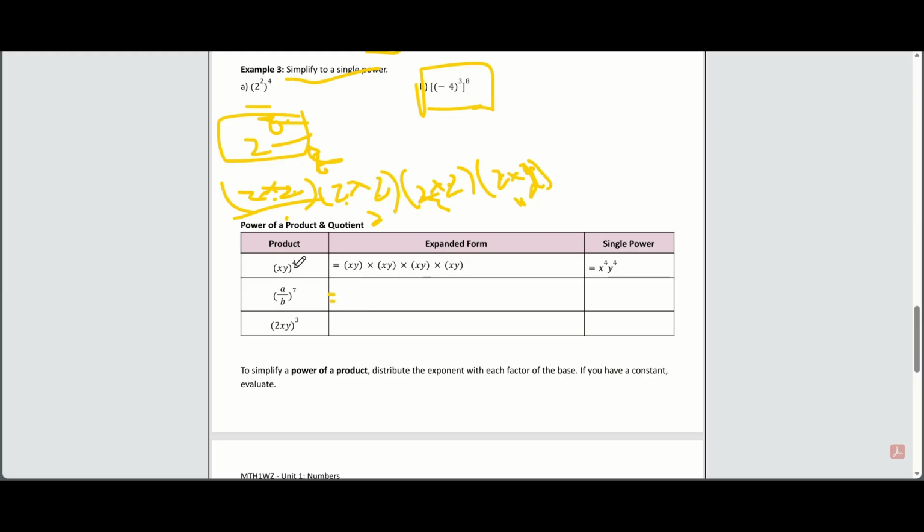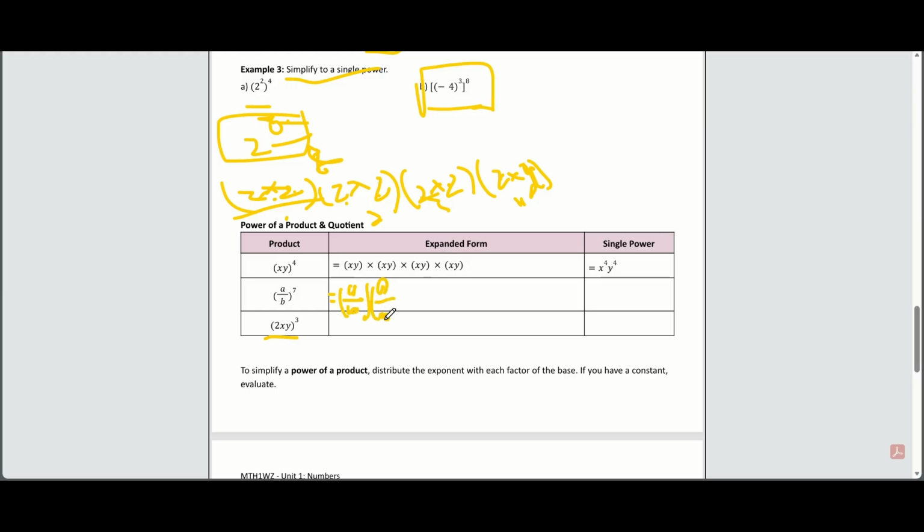Now we have A over B to the power of 7, right? It's the same thing. Expanded form, do you guys want me to, okay, I'll do it for this question. So we have A over B multiplied to itself 7 times.